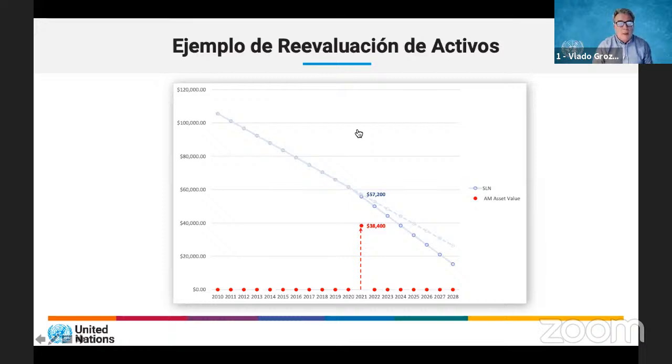For example, if we have a pump station constructed, let's say in 2002, as you can see on the slide, which is the first year, with a construction value of 120,000 and a residual value after 25 years of 10,000. Today, you can see on the red line that the remaining estimated life should be 14 years, with a current value of 57,200.